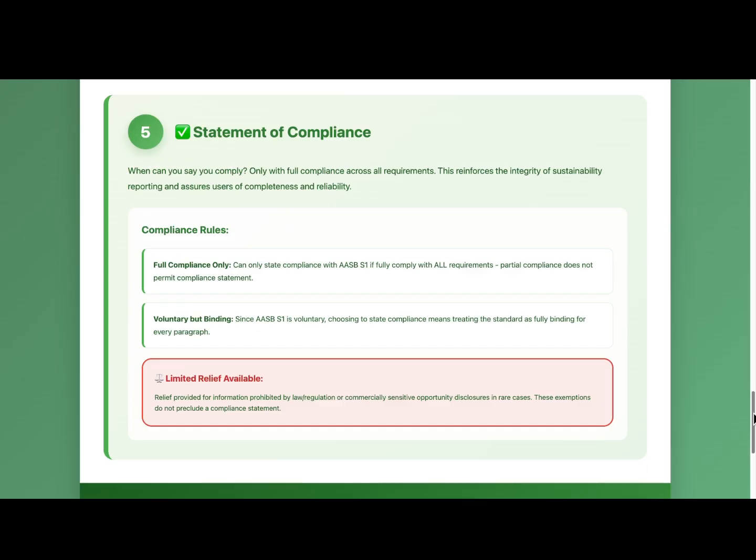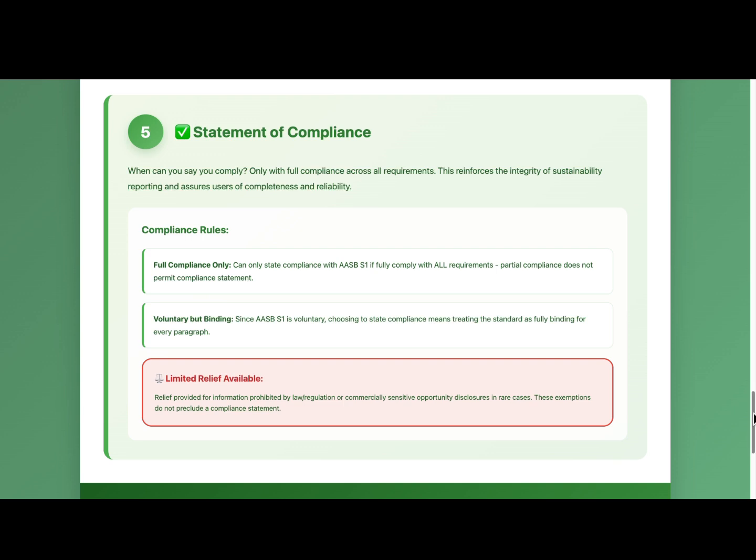Let's look at the statement of compliance. When can you say you comply? Only with full compliance across all requirements. This reinforces the integrity of sustainability reporting and assures users of completeness and reliability. So, what are the compliance rules? The user should ensure full compliance.